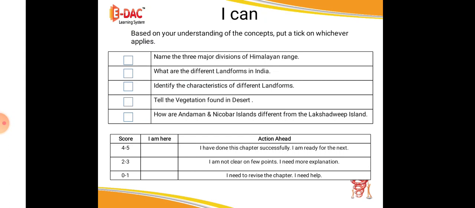You have understood all the concepts. If you have scored 1, you need to revise the chapter again, and you can take help of your teacher or your parent. And if you have scored 2 or 3, you are not clear with a few concepts and you need more explanation, you can further take help of your teacher.